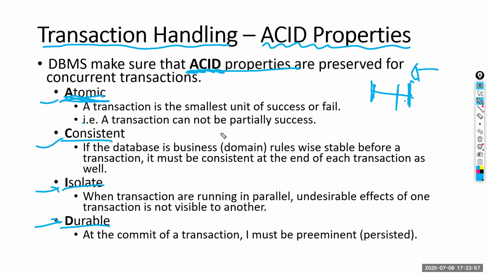That is obvious, right? That is the definition of transaction. Success as a whole, fail as a whole. That smallest unit of success or failure is a transaction. Then consistent means if your database is consistent business-rules-wise before a transaction, it must be consistent after the transaction.